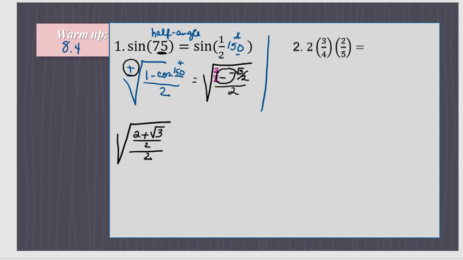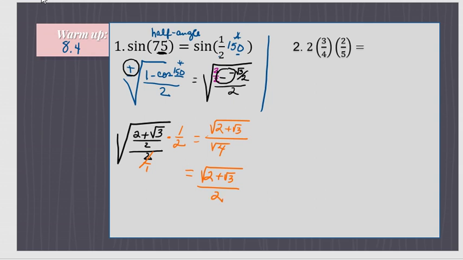Well, whenever you have the 2's like this, then I'm going to put this over 1 and then inverse and multiply 1/2. Okay, this is now gone, and that gives me the square root of 2 plus the root of 3 all over 2 times 2 is 4. I have to still have the root of 4. So this gives me final answer 2 plus the root of 3 all over 2.